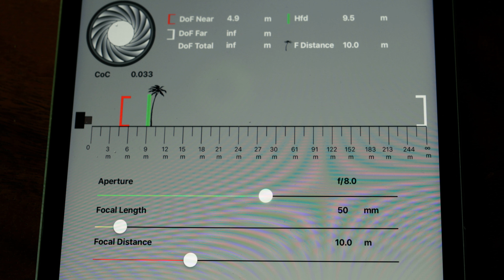What we want to do is look at these numbers now. We have a very, very narrow depth of field, which is indicated at 0.1. That is 10 centimeters, very, very small.